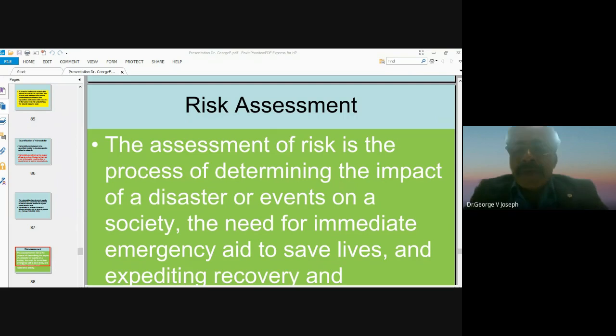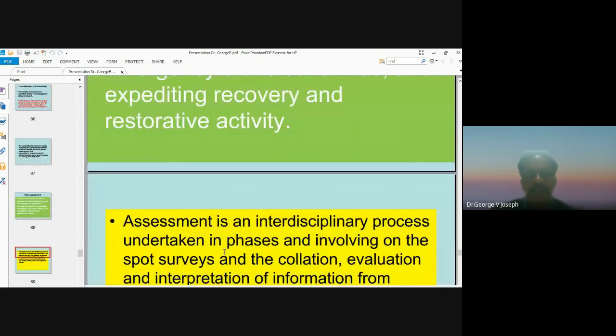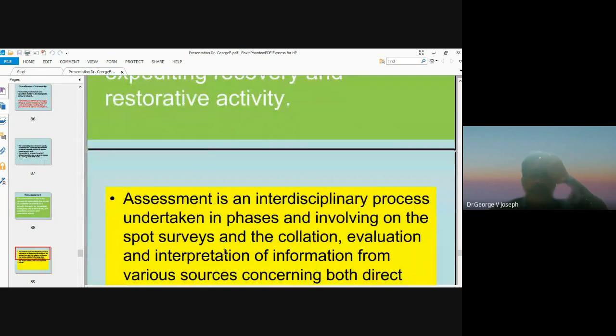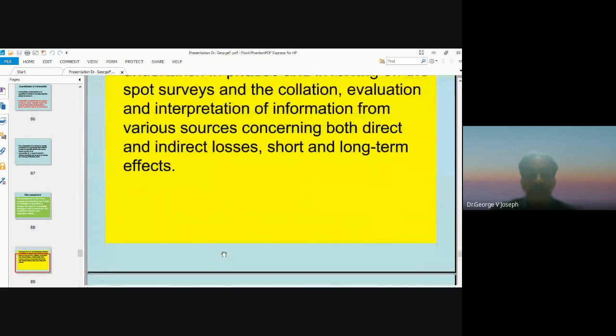So to say, there are ways of doing this analysis, vulnerability analysis methods are there. Research has been done and there are various methods that can be applied. And this is very, very important that we apply this and understand this. And again, risk assessment is an interdisciplinary process.